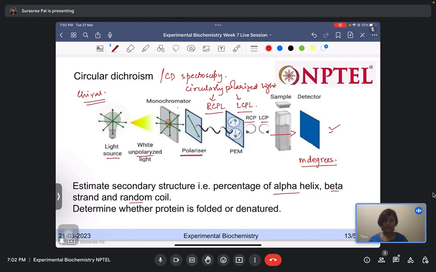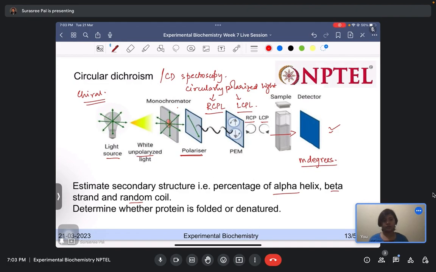By analyzing this millidegree signal, we can estimate the secondary structure of the protein, because, as we discussed before when we were discussing protein structure, we talked about the phi and psi bonds. These bonds have a pi to pi star transition or n to pi star transition, and they also have a preference to absorb left or right circularly polarized light.